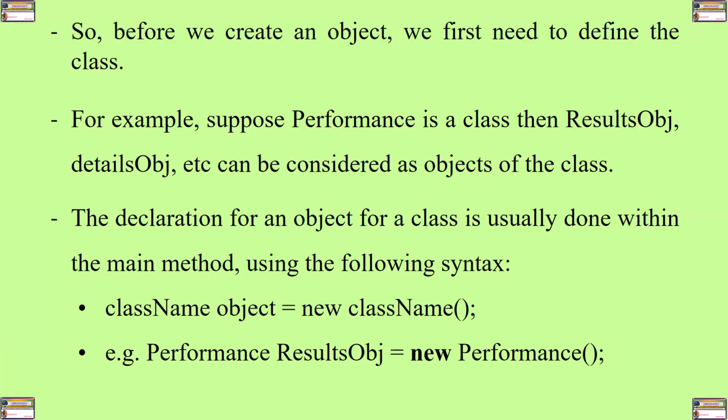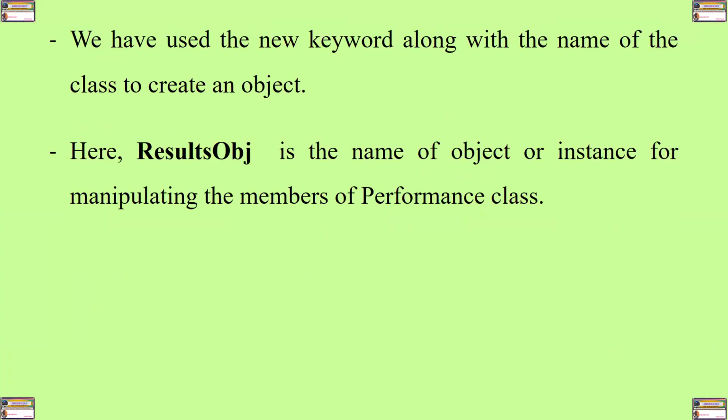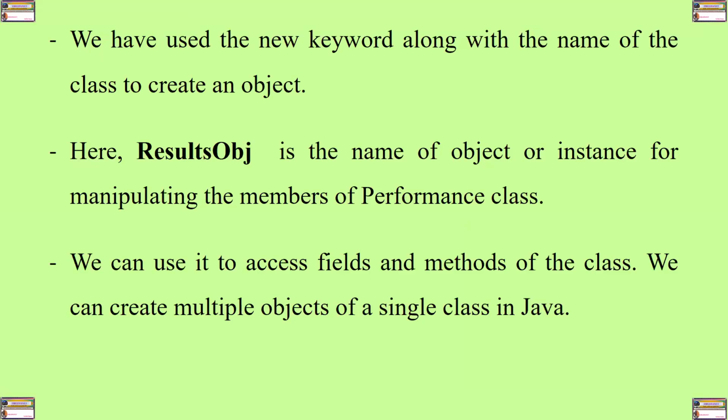So the object called results object is for the class called performance. Here, results object is the name of the object or instance for manipulating the members of the performance class. We can use it to access fields and methods of the class. We can create multiple objects of a single class in Java.